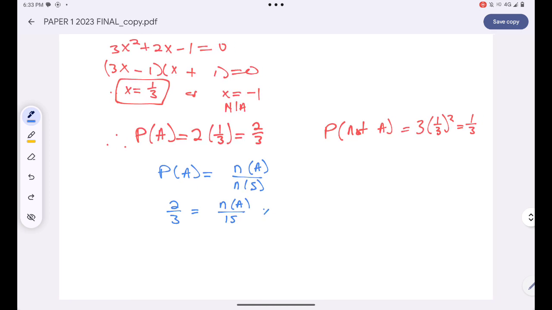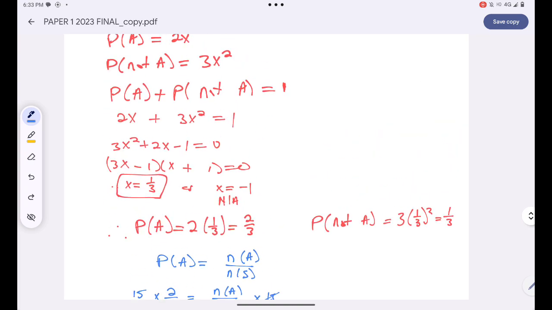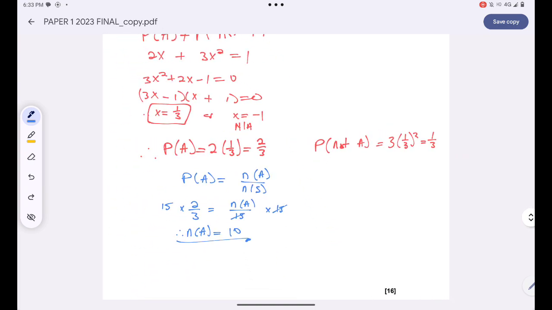Né? Just multiply both sides by 15. So this will cancel with that one. Therefore, the number of times you can get a distinction is 10 times out of 15.